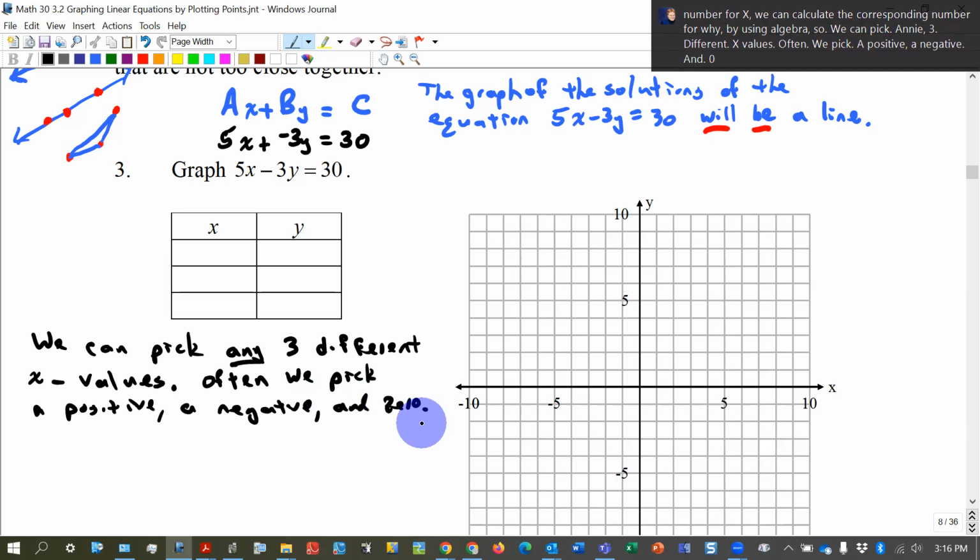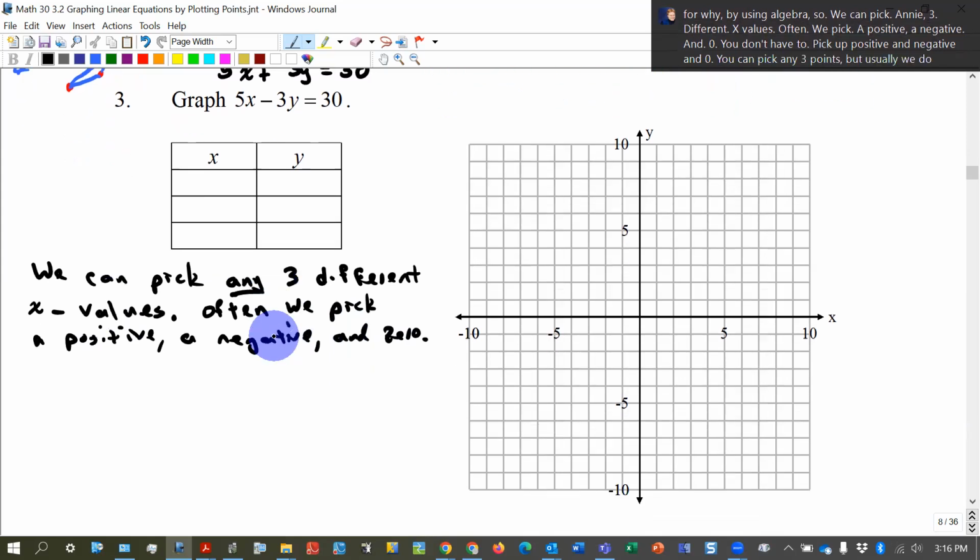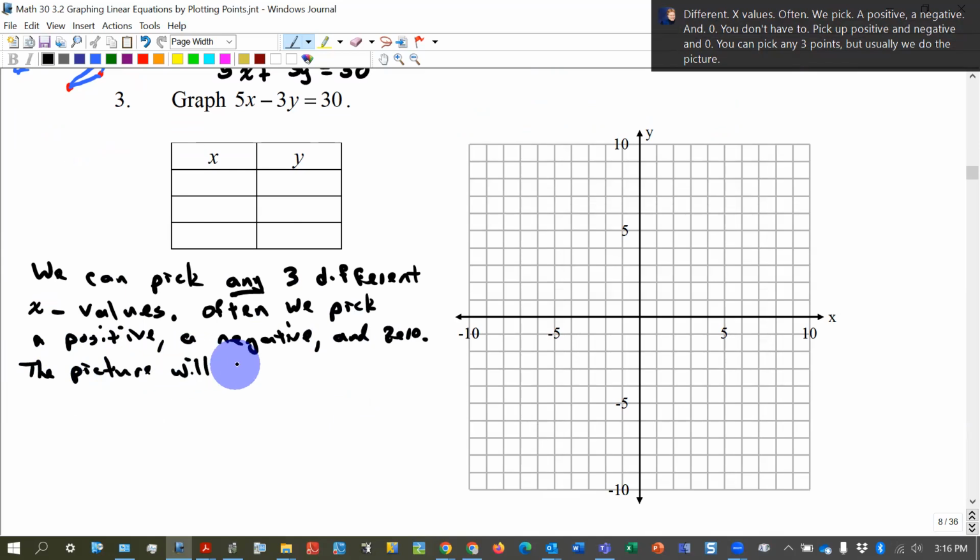You don't have to pick a positive, a negative, and 0. You can pick any 3 points, but usually we do. The picture will be more accurate because as humans, we cannot draw things perfectly.